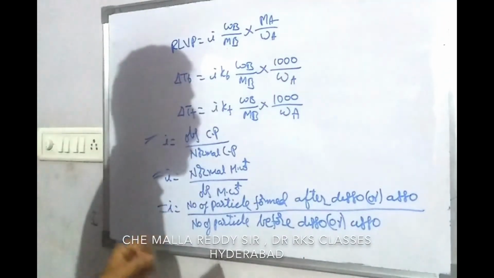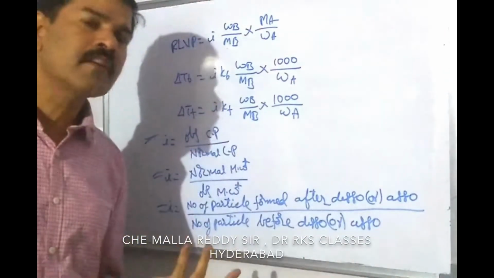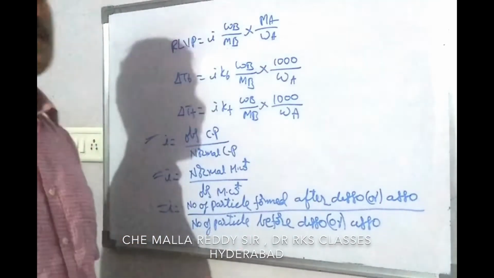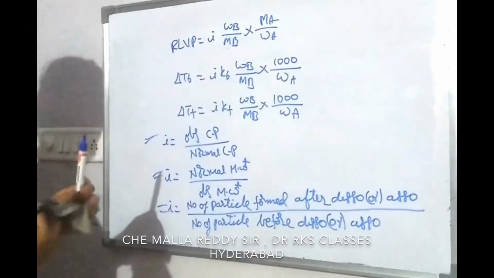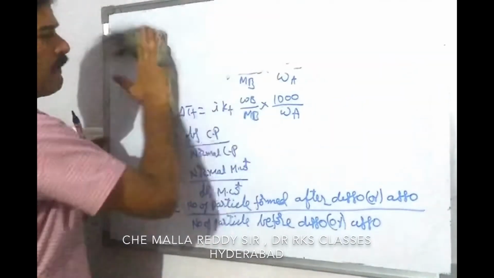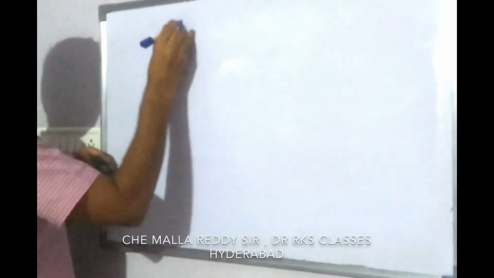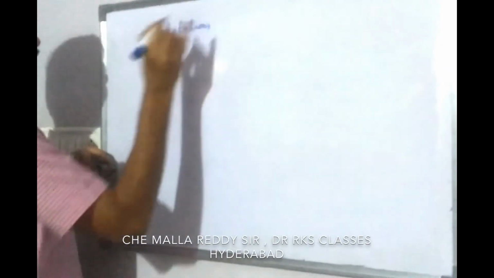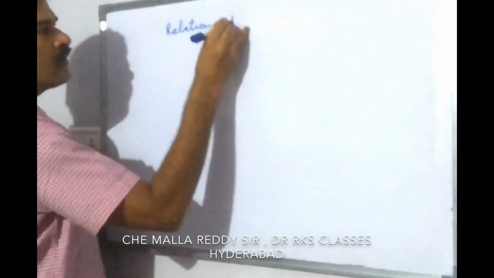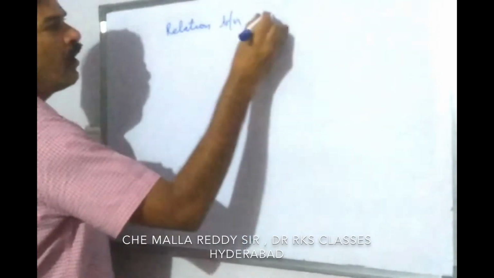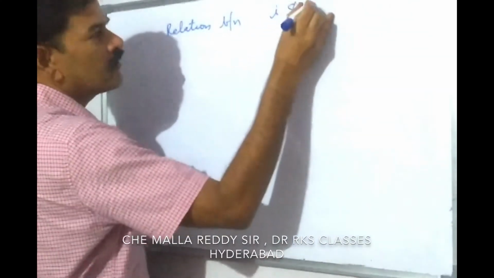Next topic is what is the relation between van't Hoff factor and degree of dissociation? Degree of dissociation, alpha. That is also an important topic. Just observe. Relation between van't Hoff factor and alpha.